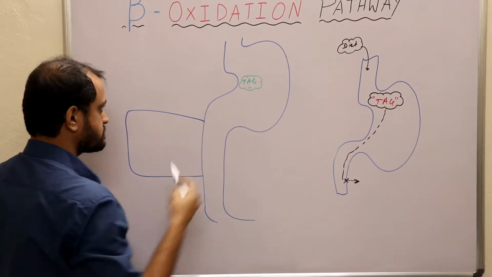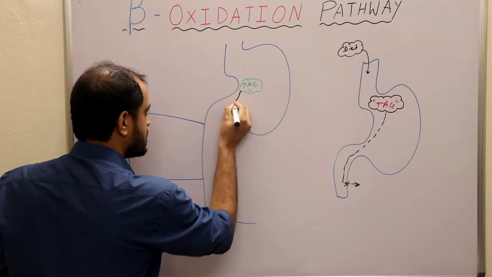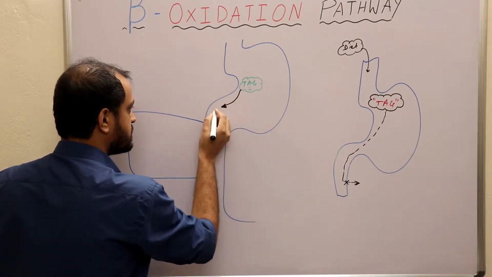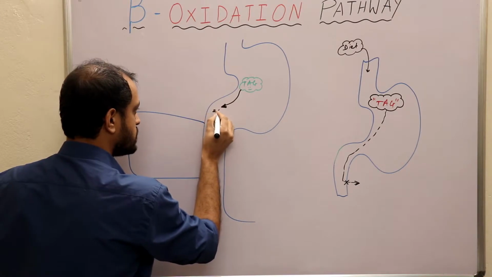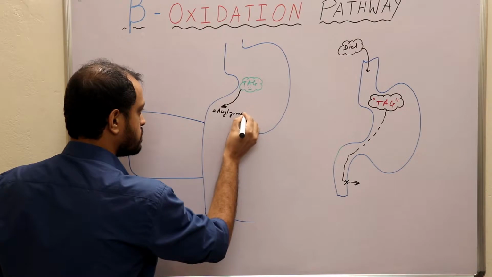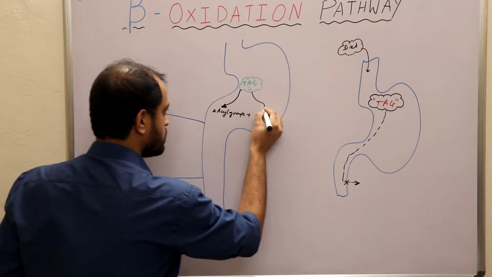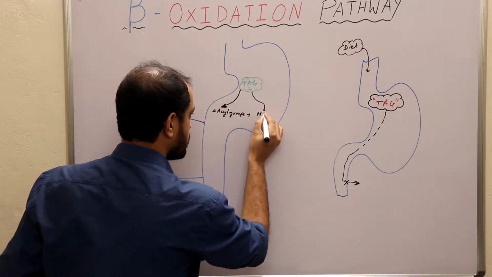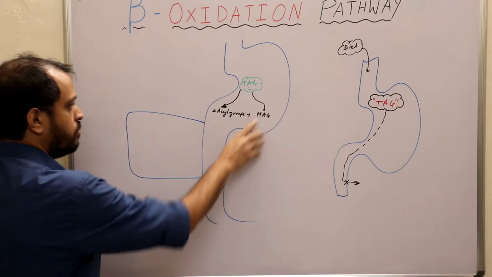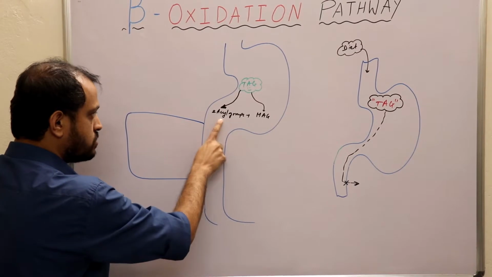Listen, TAG is at first converted into monoacylglycerol and 2 acyl groups.